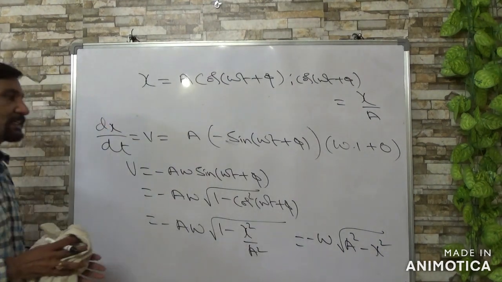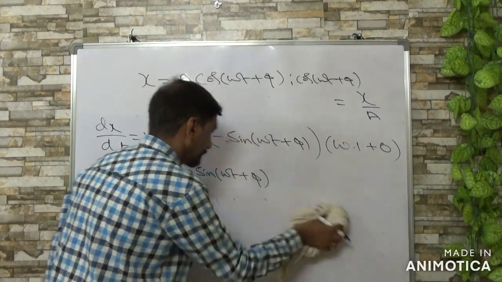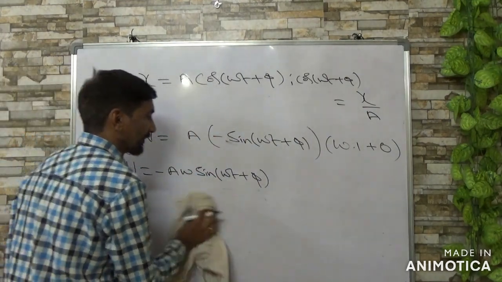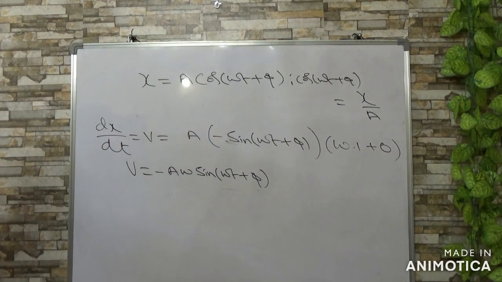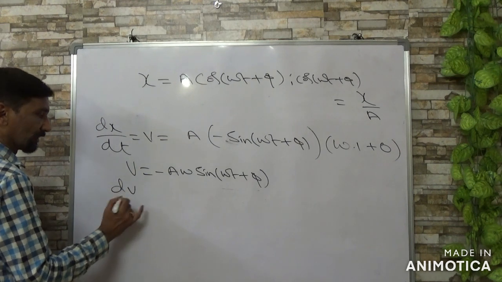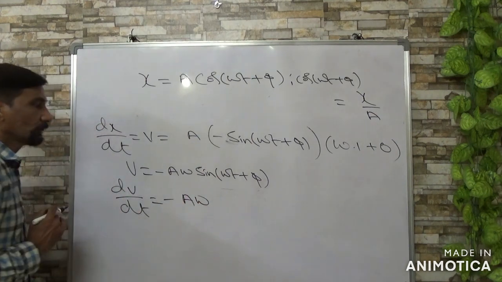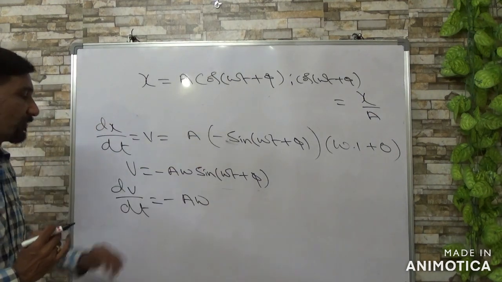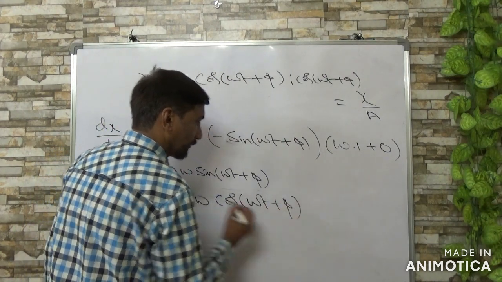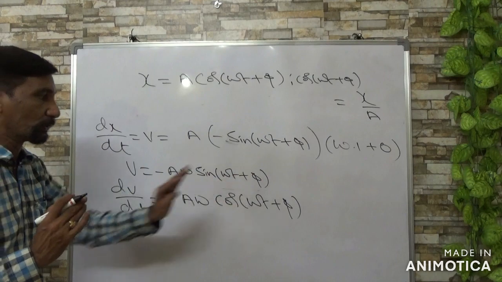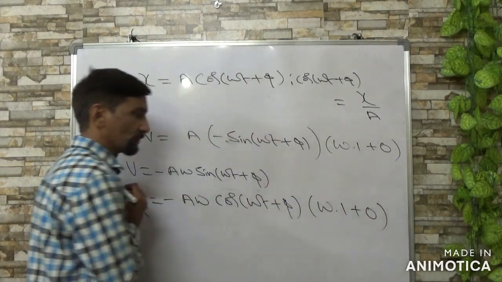Now whenever velocity is further differentiated, you get acceleration. So differentiating this equation again with respect to time: A omega is constant, differentiation of sin gives cos(omega t plus pi), with respect to t you are doing, so that is why omega into 1 plus 0.